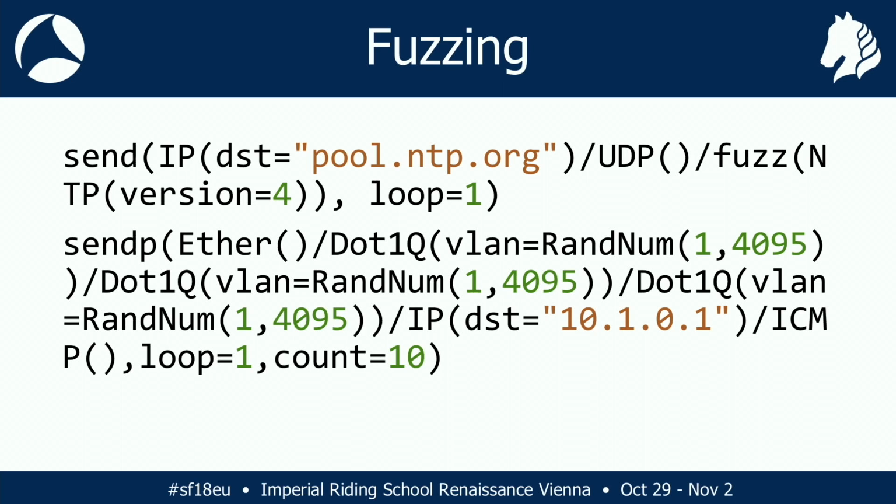You build your packet, the IP layer, the UDP layer, and then for the NTP layer, we put this into the fuzz command.